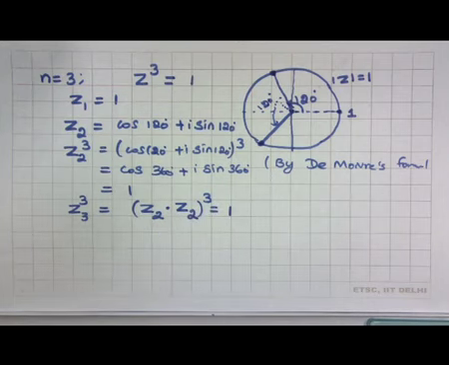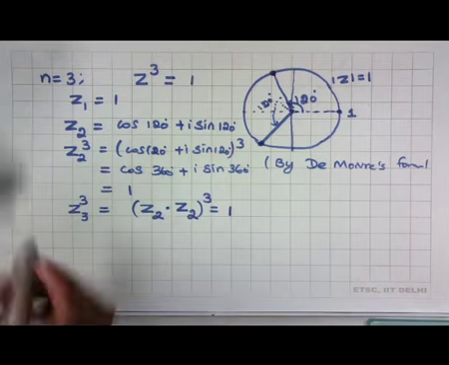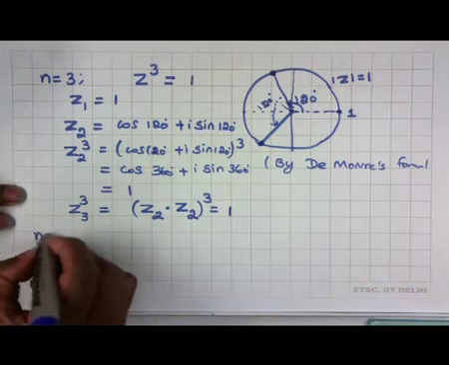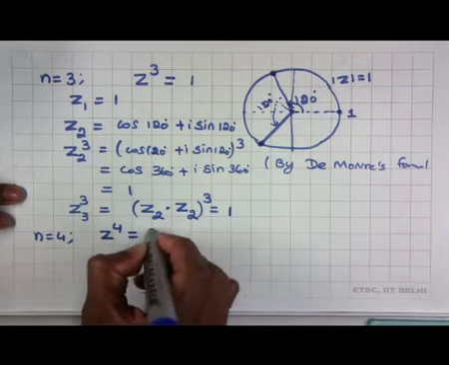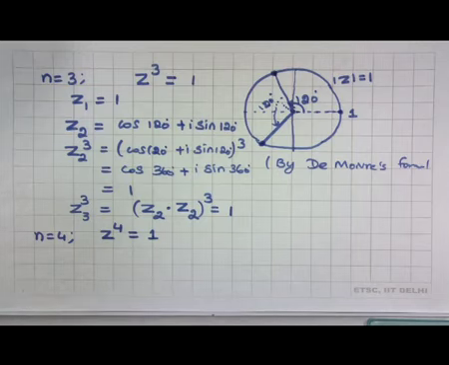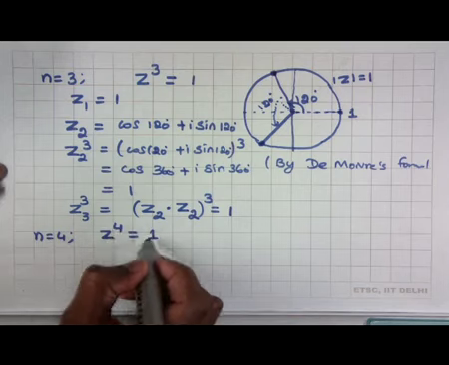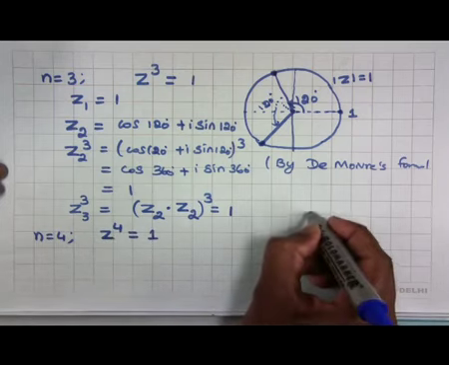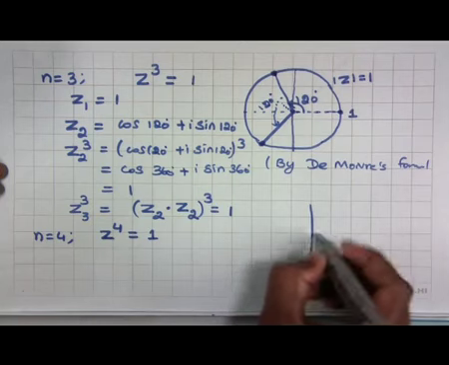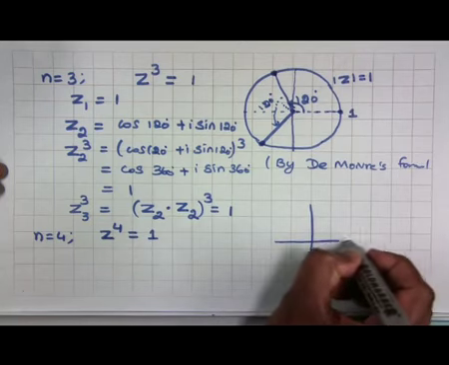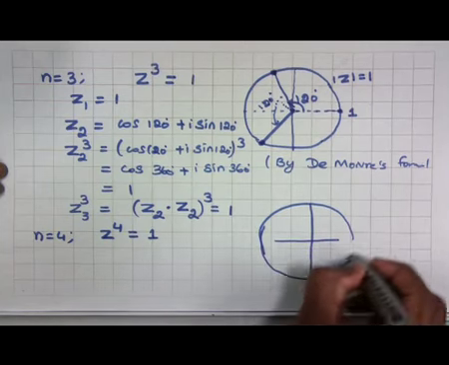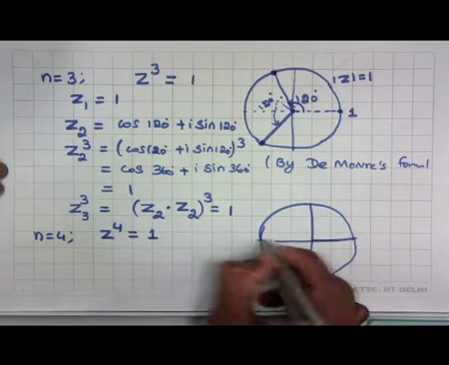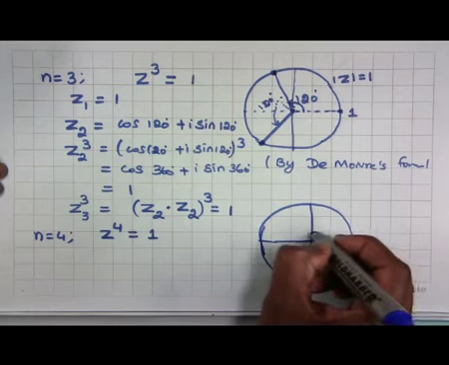So, now let us continue the same observation for n equal to 4, Z to the power 4 equal to 1. We are now asking what are all the complex numbers whose fourth power is 1. Again, the idea is to apply the same observation, that is, divide the angle by 4, which we get as pi by 2.